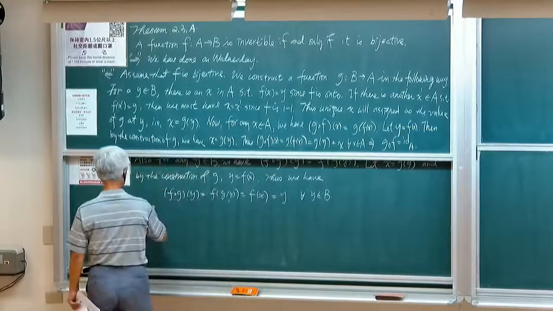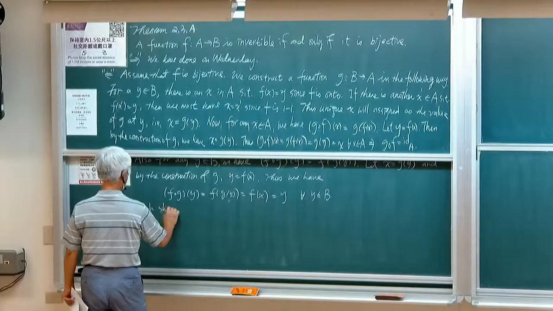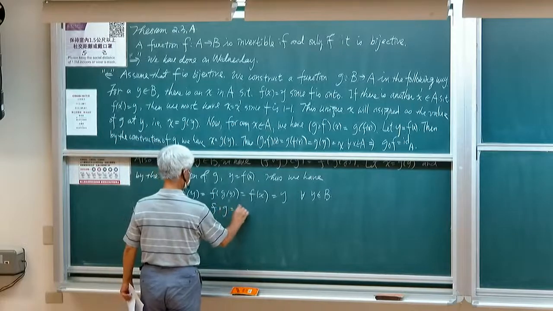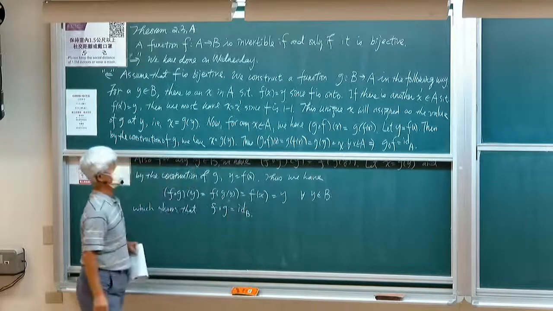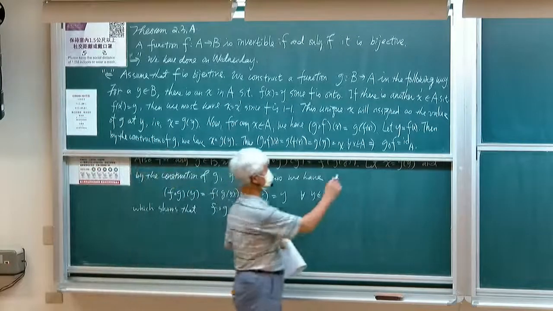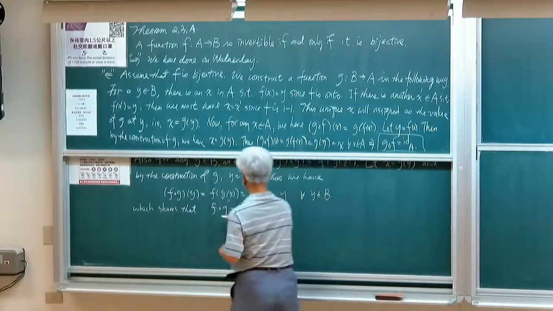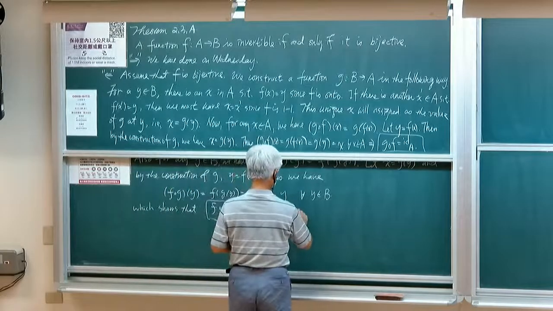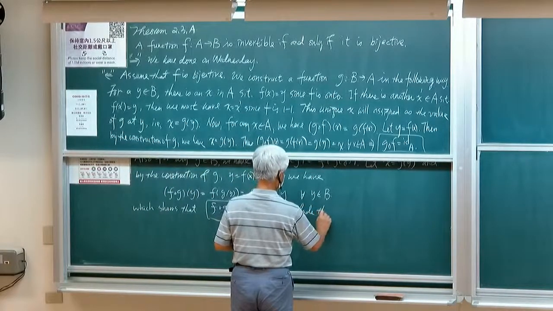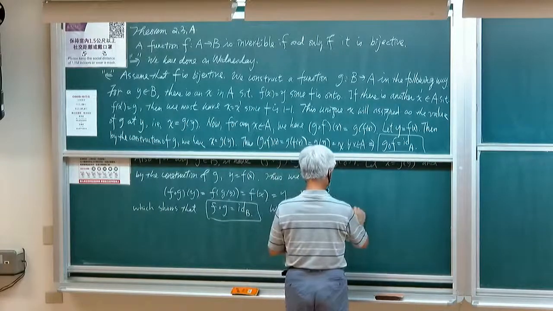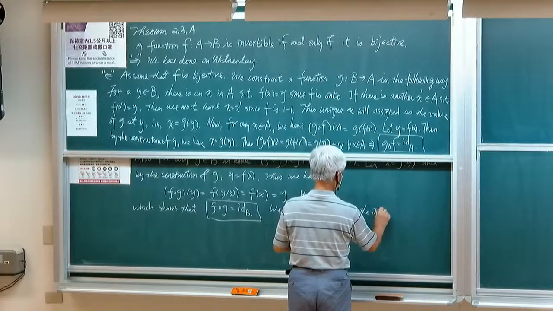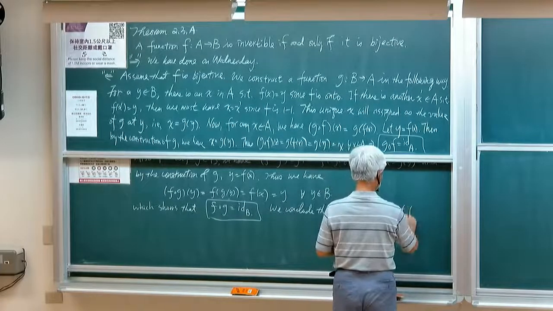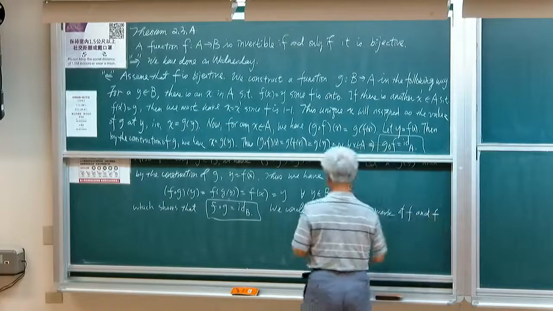Okay, which shows that f circle g is equal to the identity function of B. So from this one and this one, we conclude that g is the inverse and f is invertible.